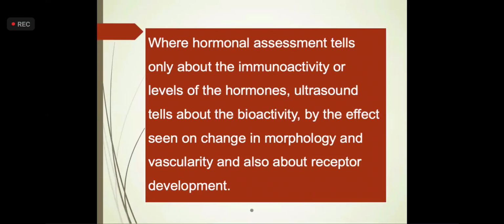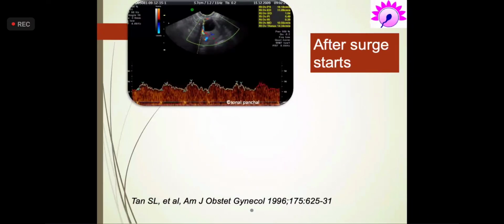Hormonal assessment therefore tells us only about the immunoactivity or levels of the hormones, while ultrasound tells us about the bioactivity, by the effect seen on the change in the morphology and in the vascularity, and also about the receptor development. And that is very important to us, because it's the bioactivity that matters for fertility, not the immunoactivity.